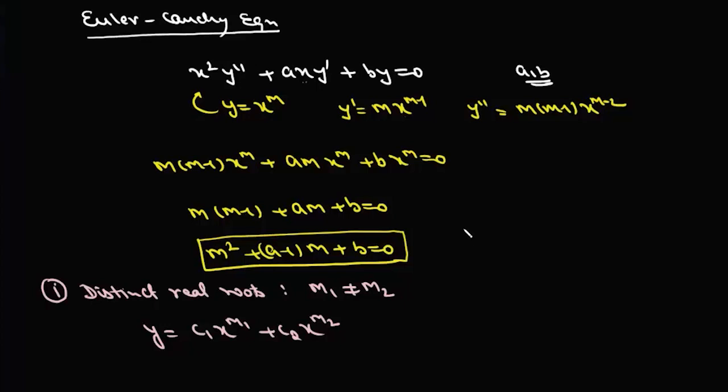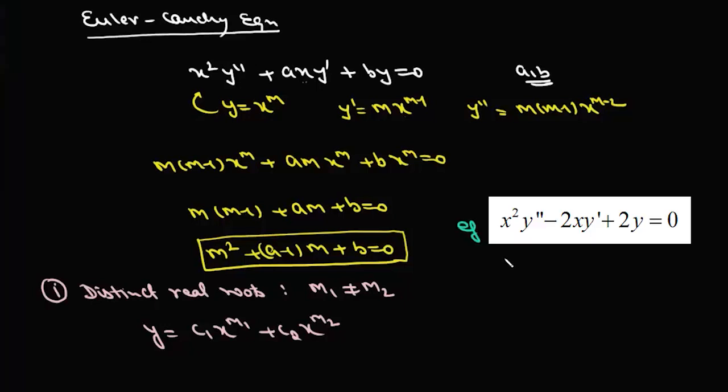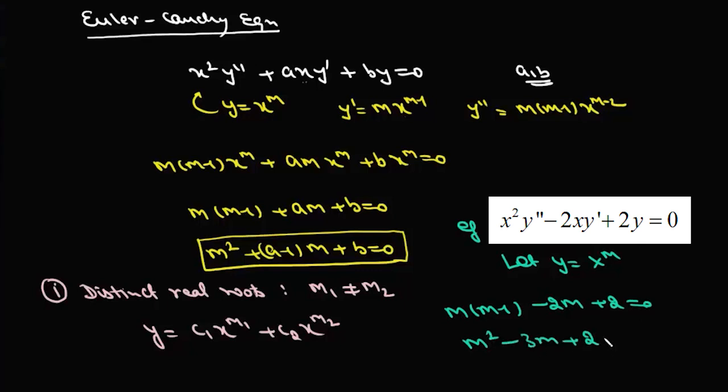Let us take up an example. Say for example, here we'll let y as x to the power m. So we can write this as m times m minus 1 minus 2m plus 2 equals 0. So it will be m squared minus 3m plus 2 equals 0. So we'll have two real roots.